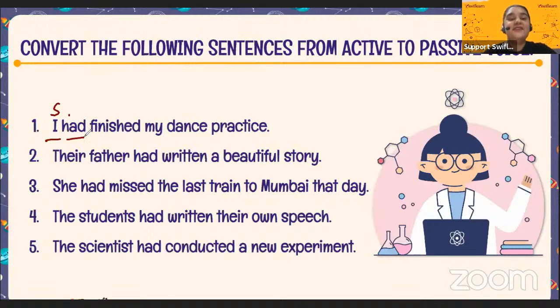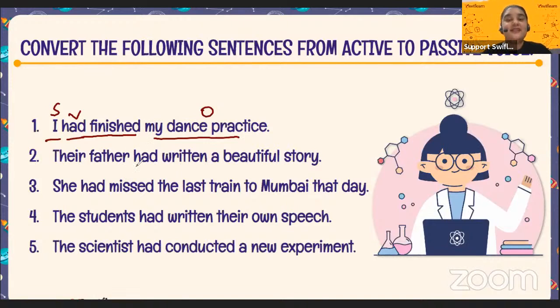Had finished. And my dance practice is your object. So how you will change it into passive voice? My dance practice had been finished by me. Very good. Next one. Their father had written a beautiful story.